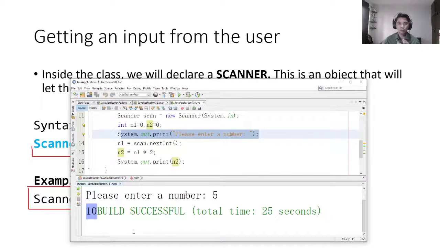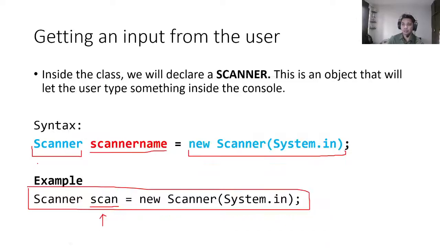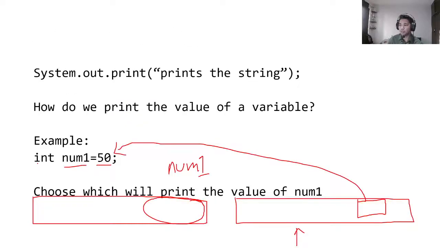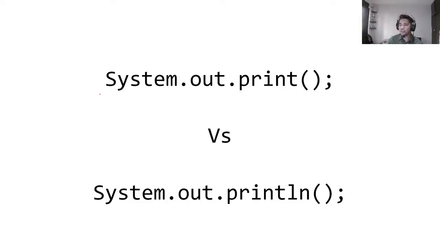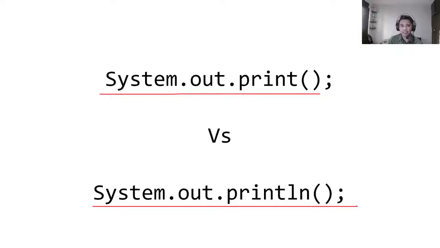If you want to display something on the screen, do not forget you have two options. You may use system.out.print or println. If you will display something like a prompt, you have to put it inside quotation marks.